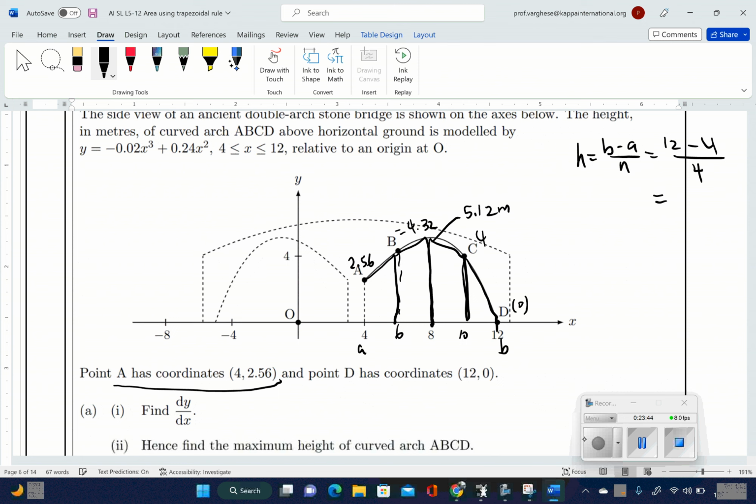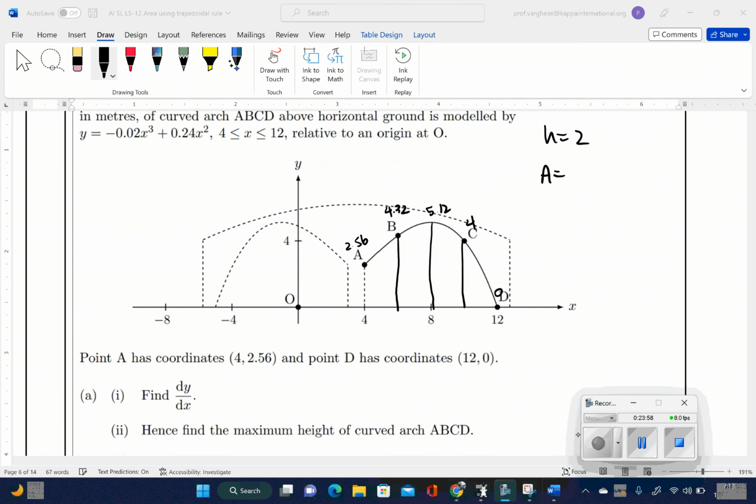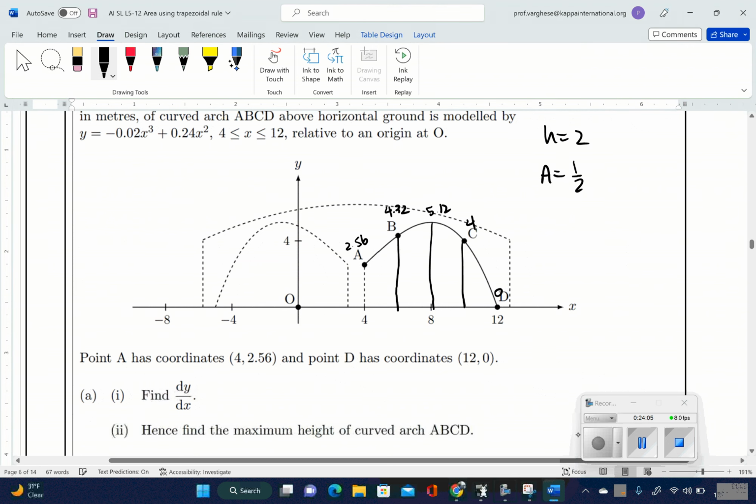So now I'm going to go ahead and evaluate this to find out my h. 12 minus 4 is 8. 8 divided by 4 is 2. So my h is 2, which makes sense, right? This is 2, 2, 2, 2. Perfect. We're off to a good start. So we're going to use the area of a trapezoid, the trapezoidal rule. So we're going to do 1/2 times my h, which is 2. Open up my double parentheses.